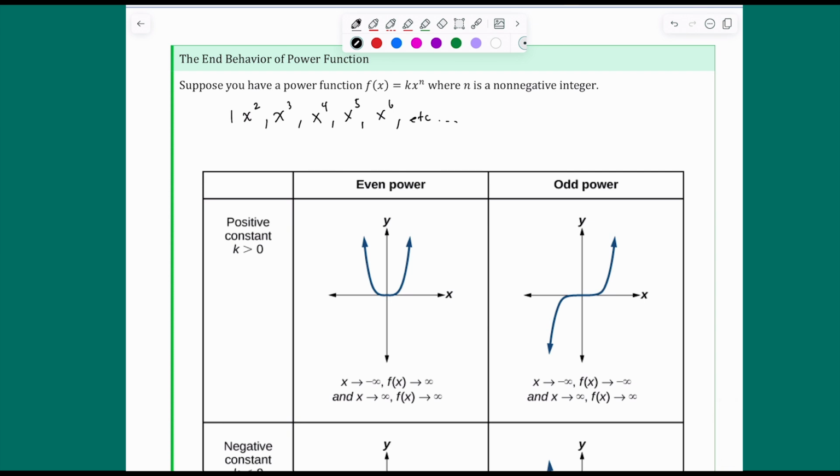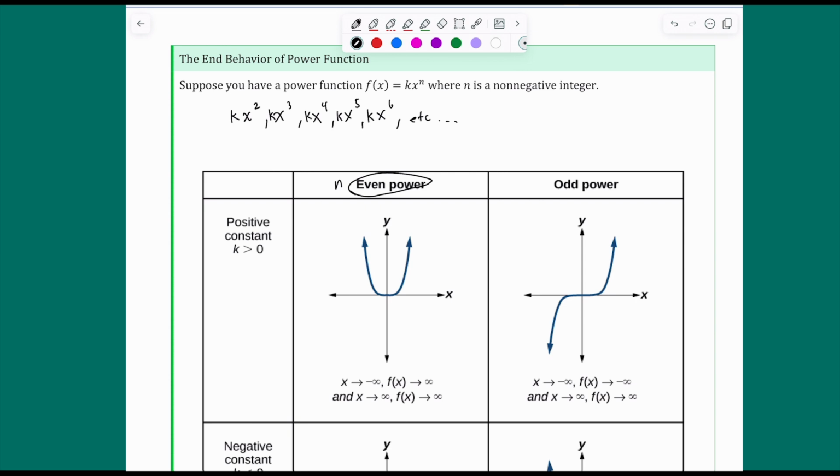So remember, we could have a constant in front of all these powers, right? And if k is positive and n is an even exponent, in other words, n is even, then we can describe the end behavior of a power function of the form k x to the n like this.